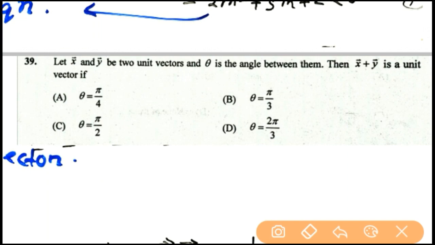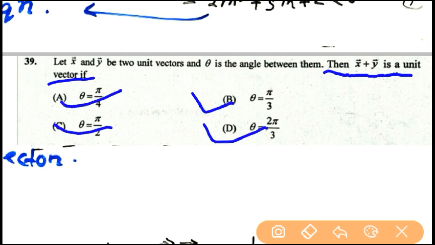In the next question, we have vectors x and y as two unit vectors and theta is the angle between them. Then x plus y is a unit vector if, and we have to find the value of theta. We will see which option is correct.